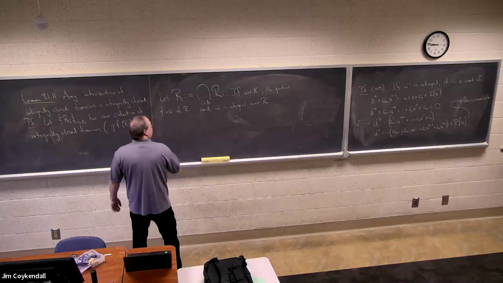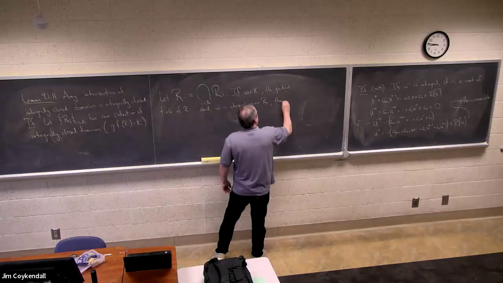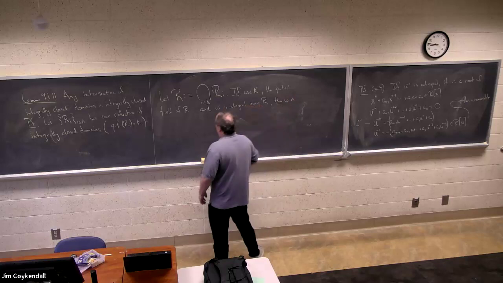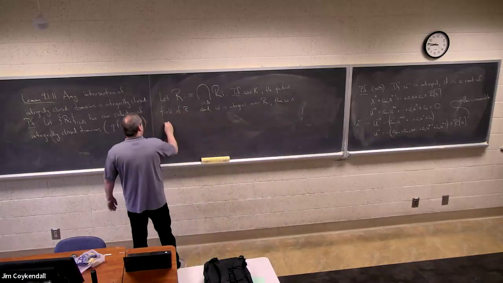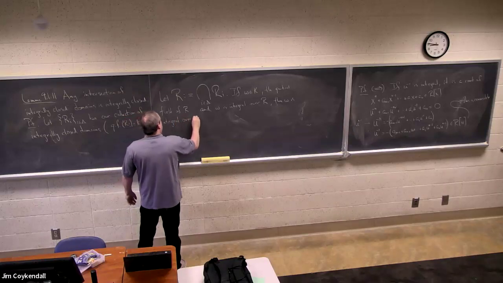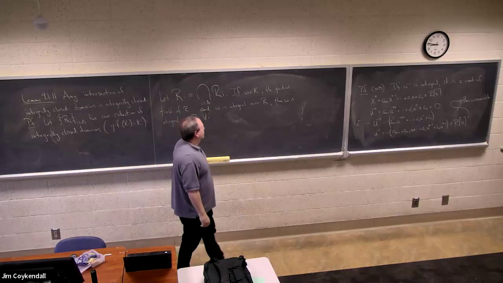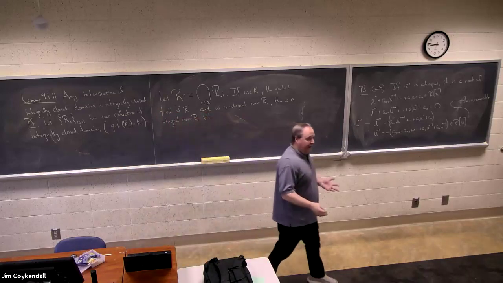Then omega is integral over R_i for all i, because R is contained in each of these R_i's.